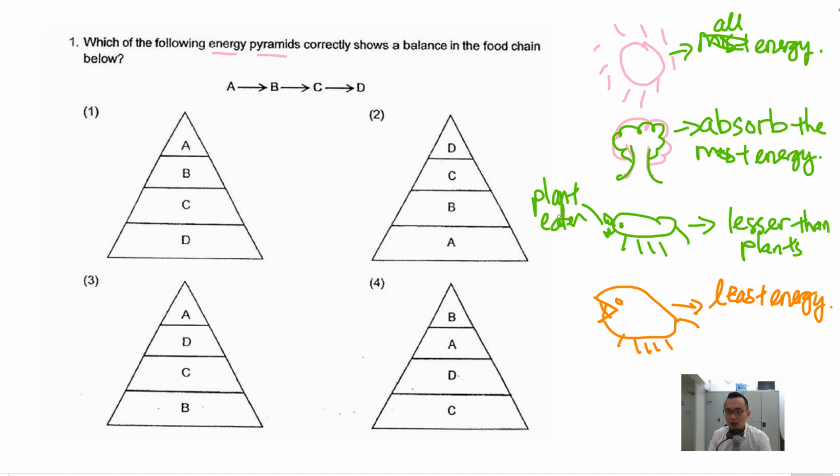And how does that work? As usual, the sun will give us all the energy that we use in our life. All the animals and plants in the world use the energy from the sun. Let's say the sun comes up with 100% of the energy.